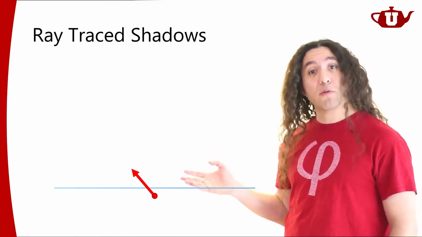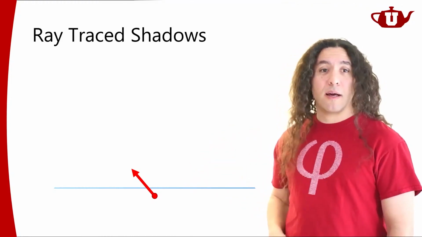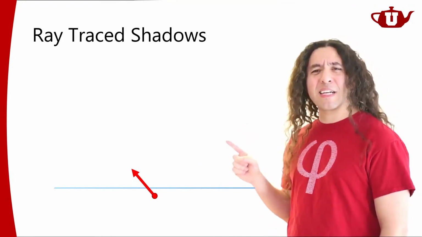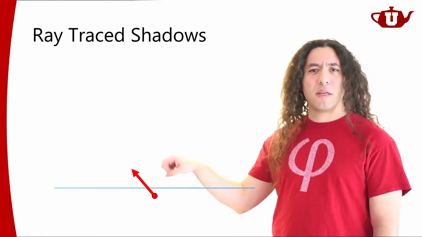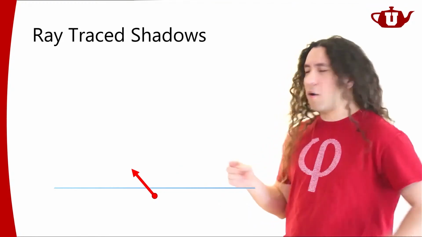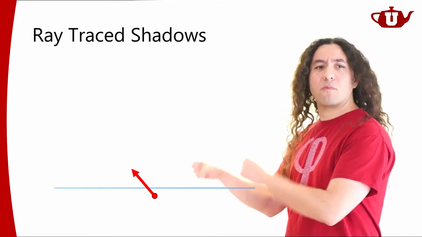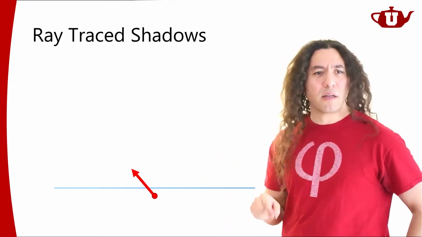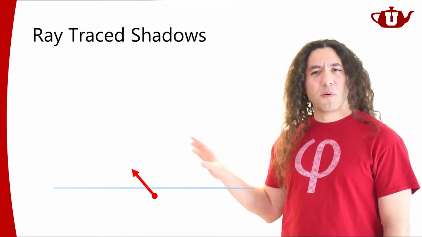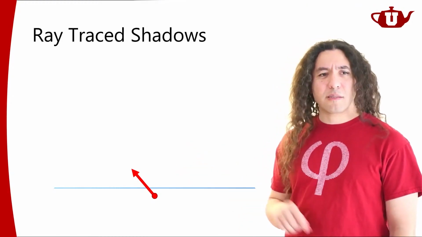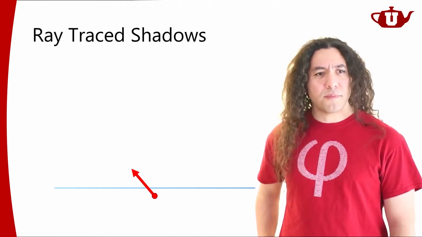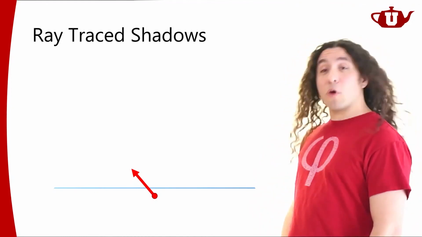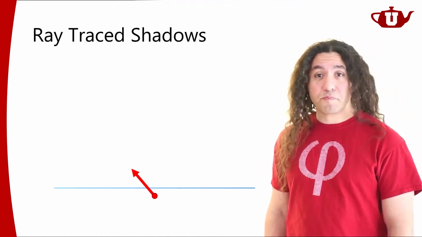In some cases it will work, but not in all cases. Also, it's a little clumsy because every time I'm tracing a shadow ray, I kind of need to figure out, oh, where did I start this ray and which surface was I on? And there are a few other edge cases where this might give you a little bit of trouble. So that would work in some cases, but not in all cases.